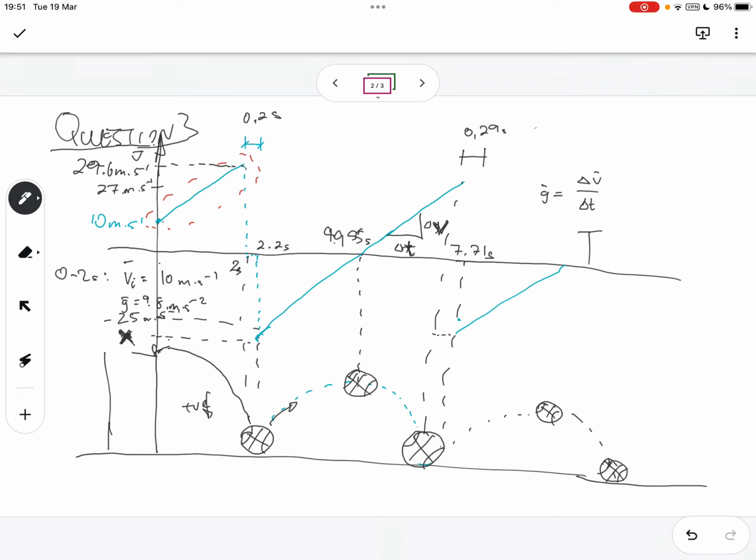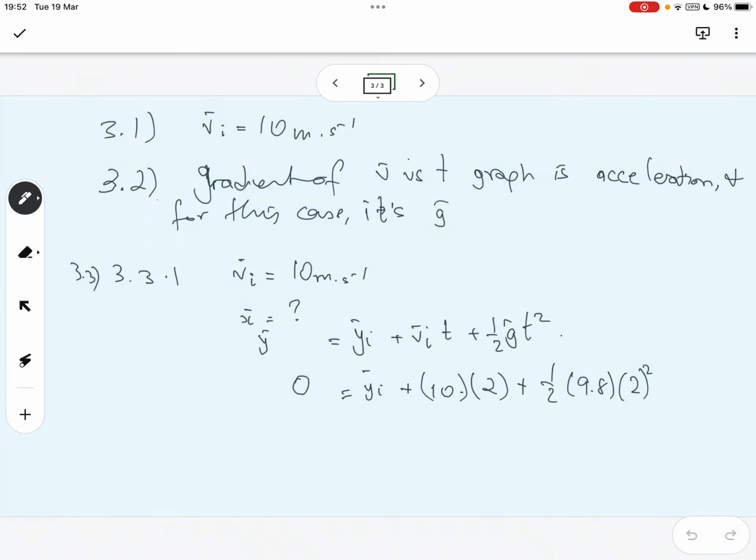So if the ground is 0 reference, then here we have a certain displacement, y initial. But why are you still using y initial? Because we know it's 10 seconds. Oh, okay, 10, wait, meters per second, sorry. That's velocity, 10 meters per second.